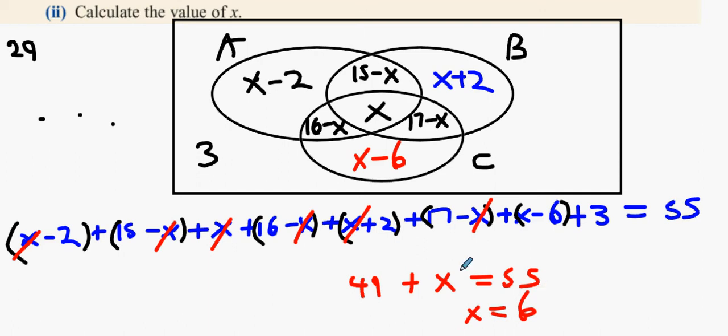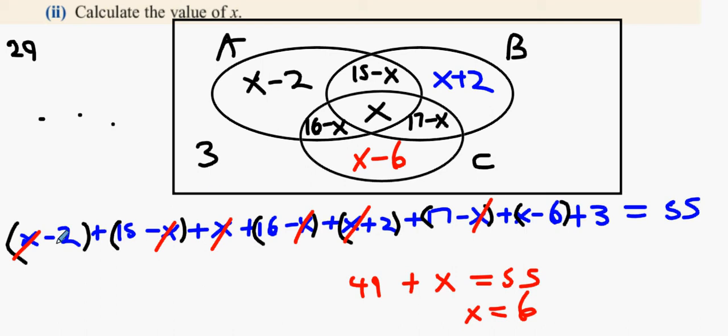Did I? Where did I leave out? Alright, let's try this again. Minus 2 plus 15 is 13. 13 plus 16, 29. 29 plus 17? Ah, 51. Alright, let's try this one more time.